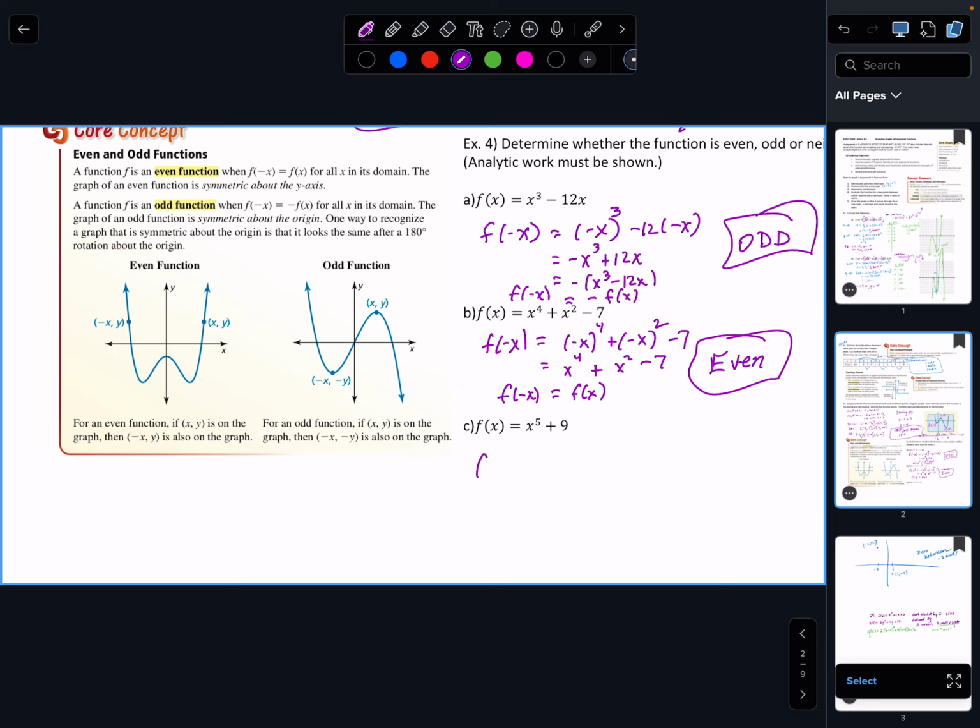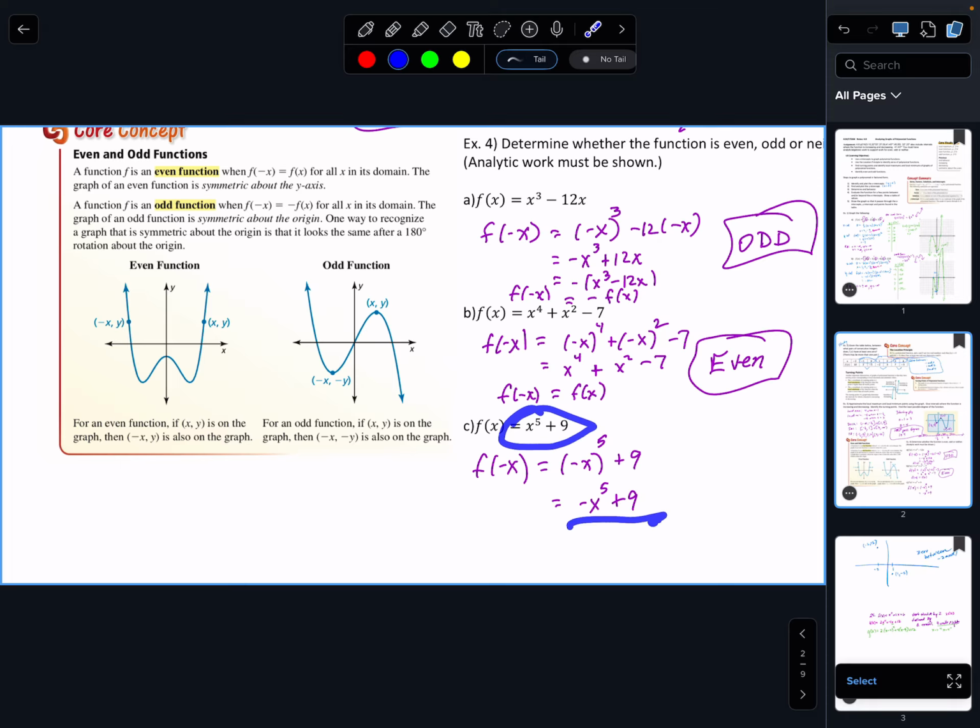So on the last one, again, testing, we replace x with a negative x. You need the parentheses with the power on the outside. And a negative to an odd power will be negative. And from where you started and where you ended, the x to the fifth changed signs, but the positive 9 didn't.